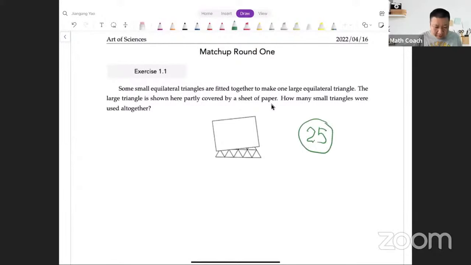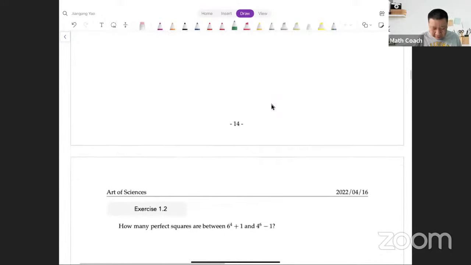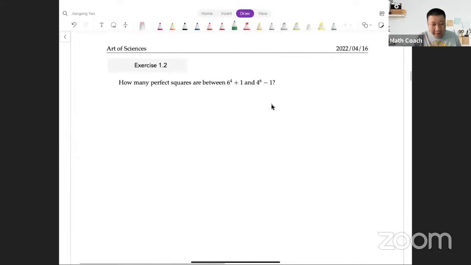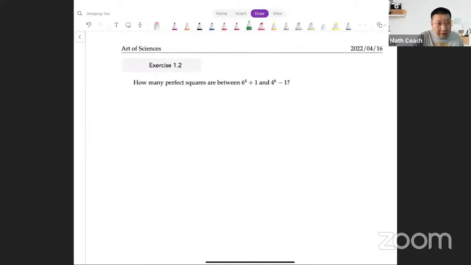All right, so now the second question. How many perfect squares are between 6 to the power of 4 plus 1 and 4 to the power of 6 plus 1? All right, and 25, let me quickly check your answer.